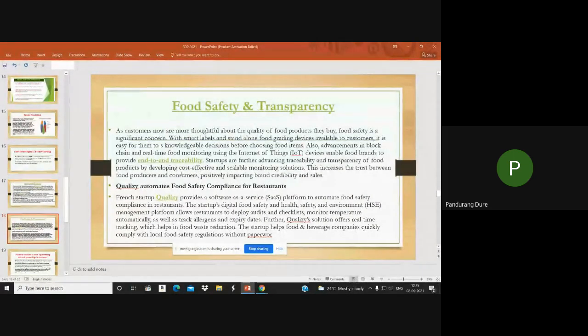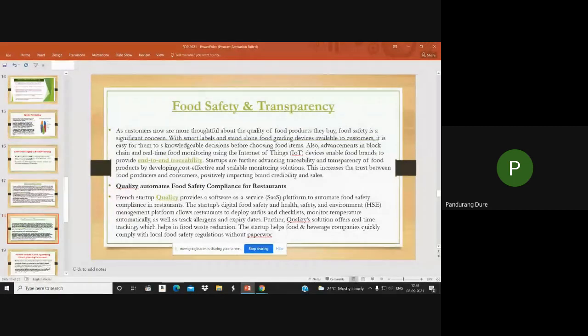Now, food safety and food transparency. Everyone knows food safety, but along with that, food transparency is very important. In that, there is end-to-end traceability. Whenever food is packed, some changes occur as time passes. So there are some sensors in the food packets which indicate the level of deterioration of the food product. They also indicate changes in the food, especially in case of nutrient loss.